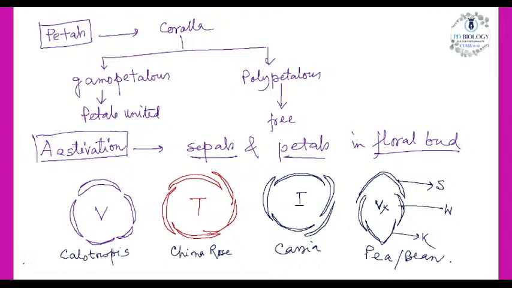The androecium. Next. The male reproductive part is composed of stamens. Stamens are united to form the androecium, and a stamen has two parts, the stalk or the filament and the anther.